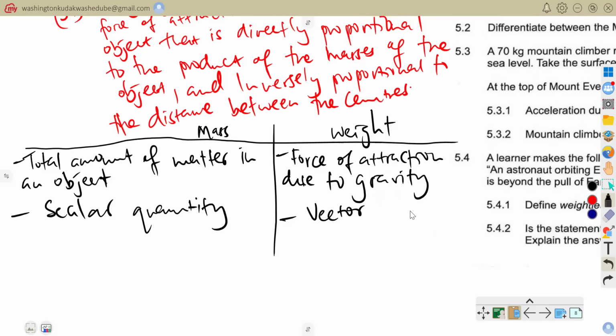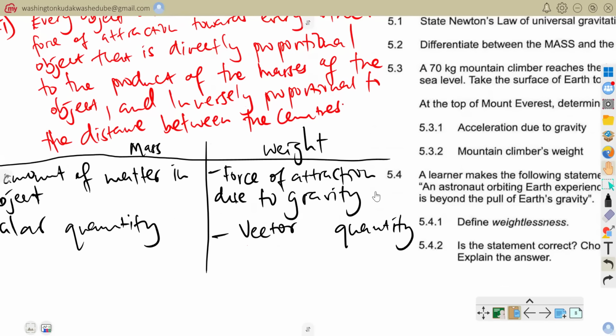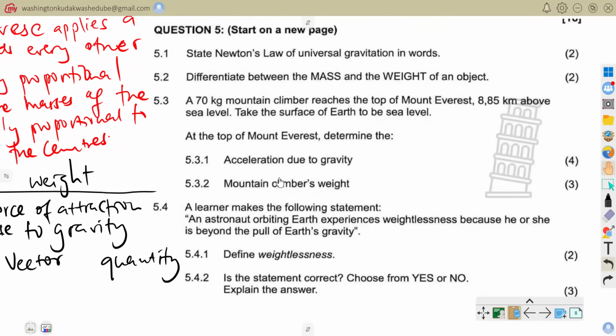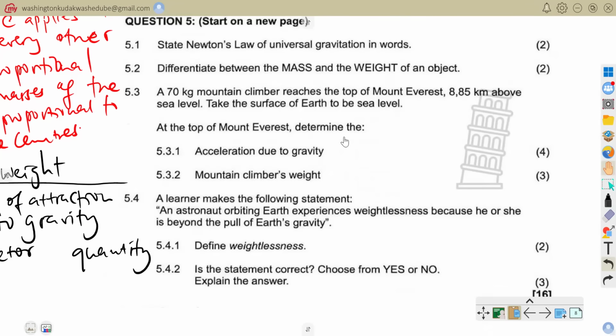That is one way you can differentiate those. You get your 2 full marks by defining this and defining that, stating that this one is a vector and that one is a scalar quantity. By having that, you would have fully differentiated between mass and weight.